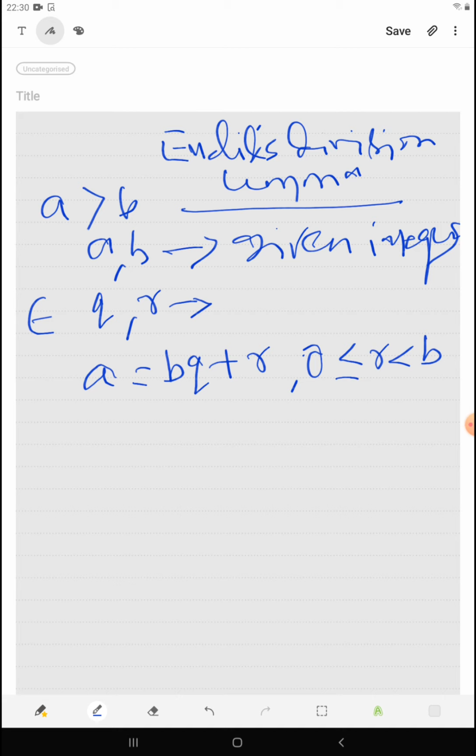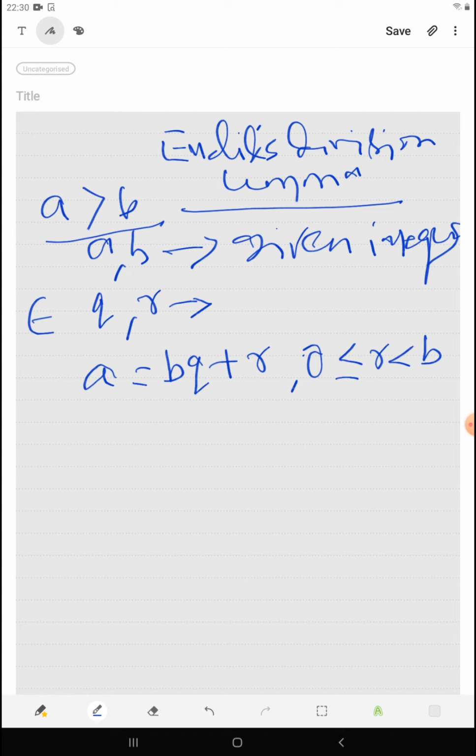So we have two given integers a and b such that a is greater than b. Then there exist two unique integers q and r such that a equals bq plus r and 0 is less than or equal to r less than b. Simple as that.